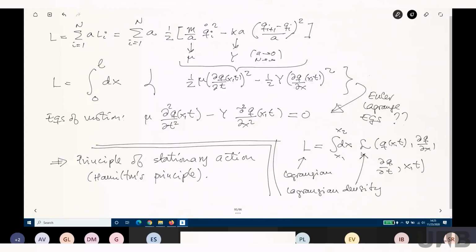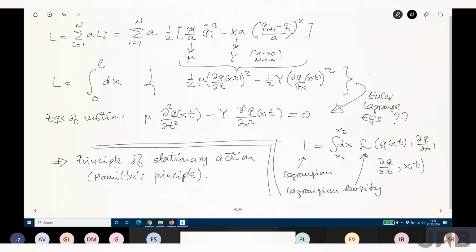And as you can see here, the thing that is going to play the main role is not going to be the Lagrangian as it was in the case of discrete systems, but this main role is going to be replaced by the Lagrangian density. Now the Lagrangian density is going to be the main object here. And it's so much the main object that, in practice, people forget about the density part and they call this thing the Lagrangian.